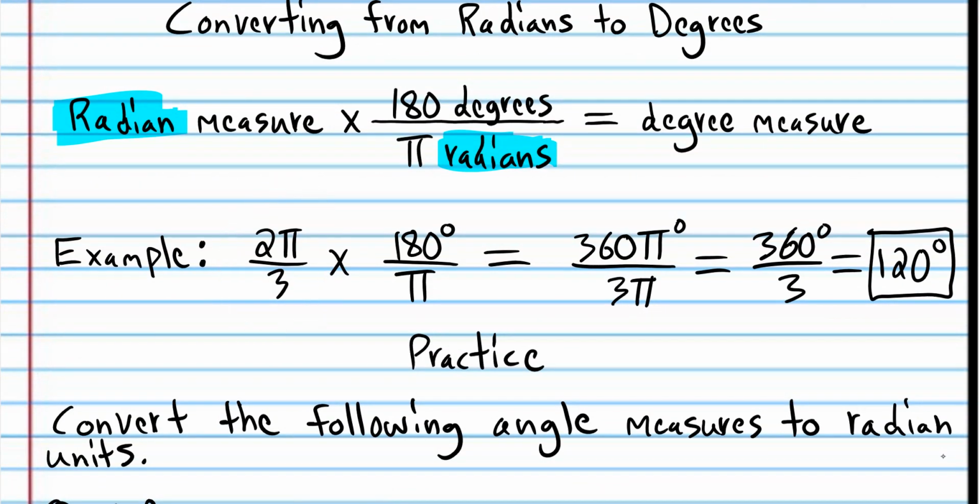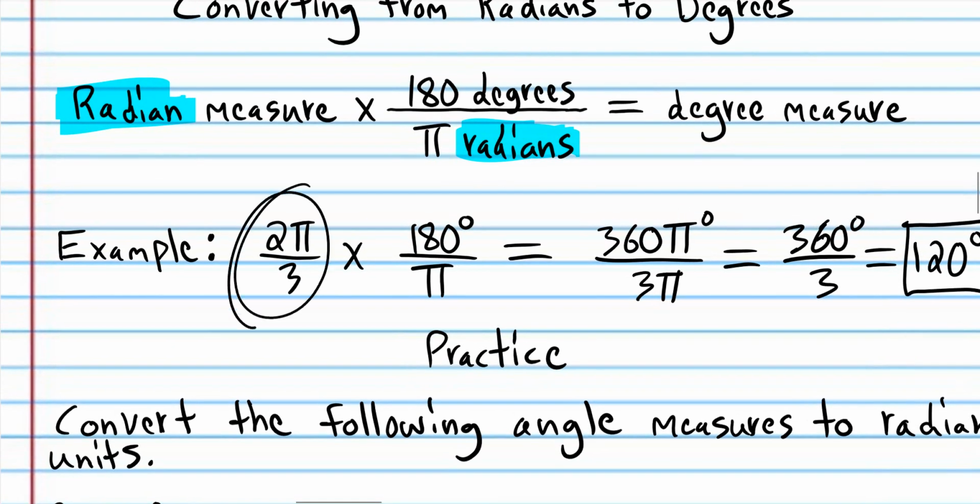Now, it doesn't say rad, it doesn't say radians, so how do I know that this is in radians? Well, remember, there's only 2 units that we use for the measure of an angle, radians or degrees. If you see a degree symbol here, then you know you're in degree units. If you do not see a degree symbol, then you know you're in radians. So that's how you tell.